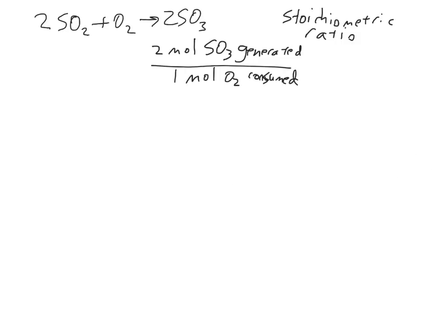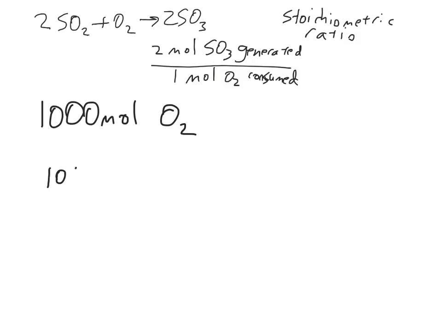Let's assume, for instance, that I have 1,000 moles of O2, and they react according to this reaction up here, and I want to know how much SO3 is generated. Let's assume all 1,000 moles of O2 react, so I can use this stoichiometric ratio right here to calculate that.